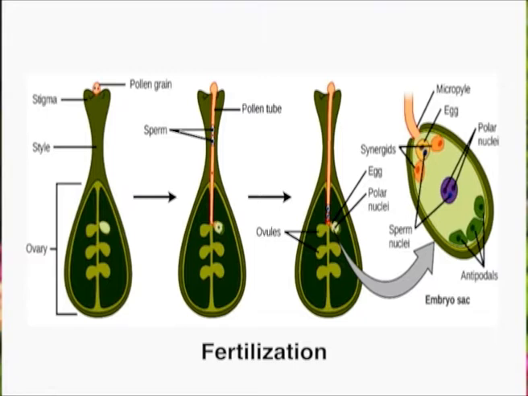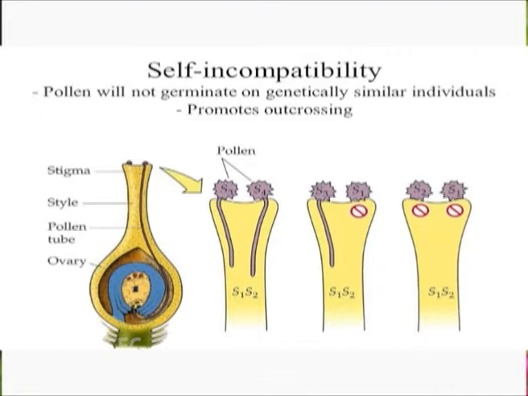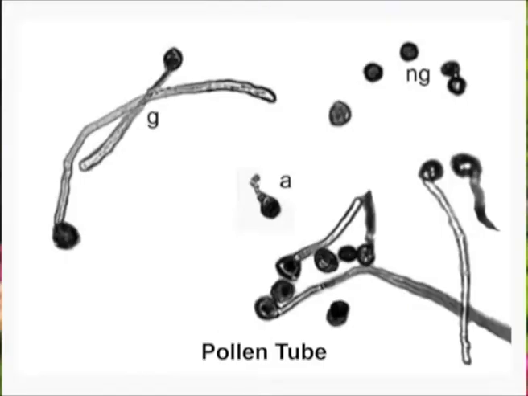Accordingly, there are compatible and incompatible crosses. The stigma promotes germination and growth of the pollen tube of only compatible pollen grains.